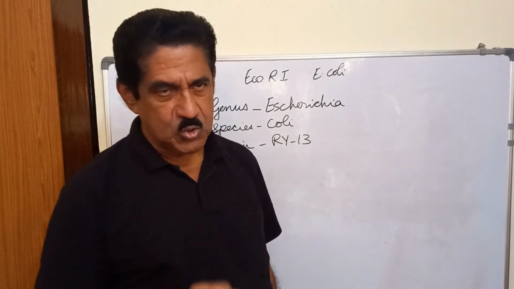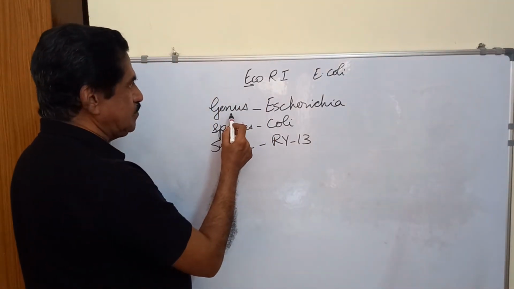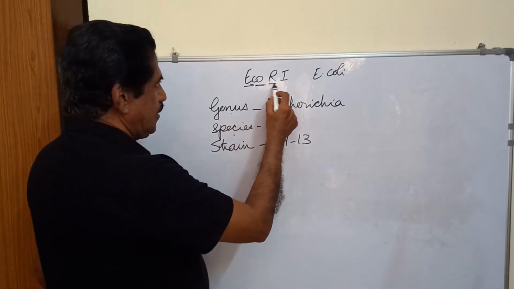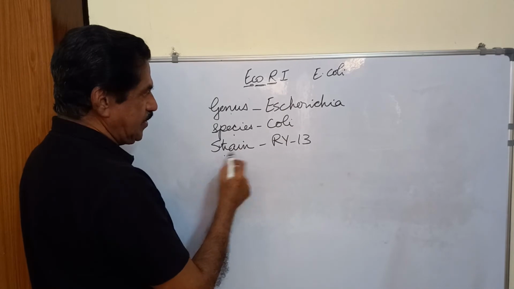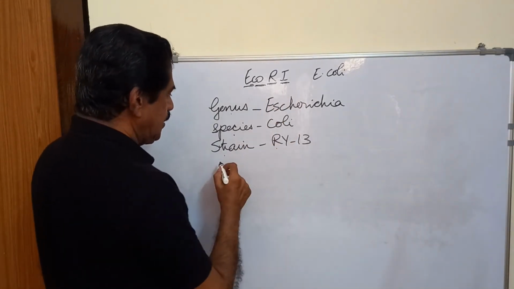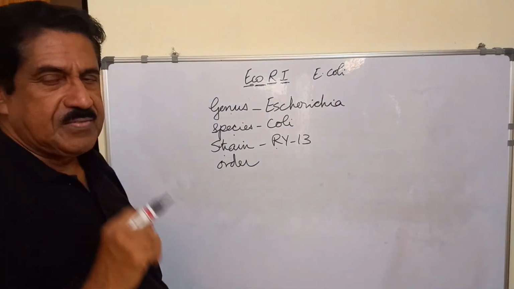I want to repeat once more. E stands for genus, Co stands for species, R stands for strain, here the strain is RY13, and this shows the order in which the enzymes were discovered.